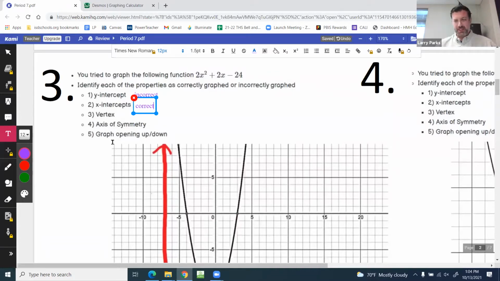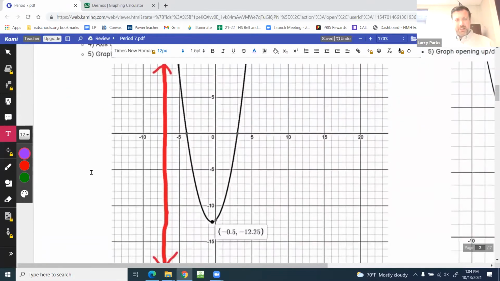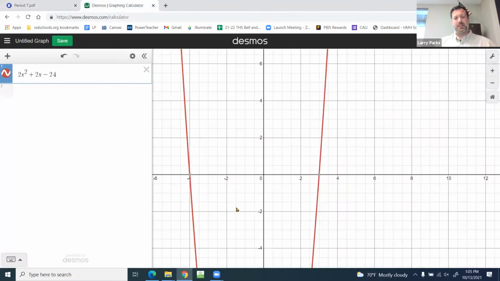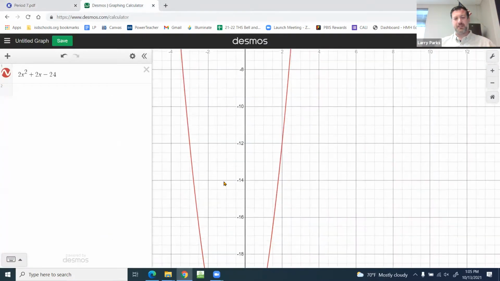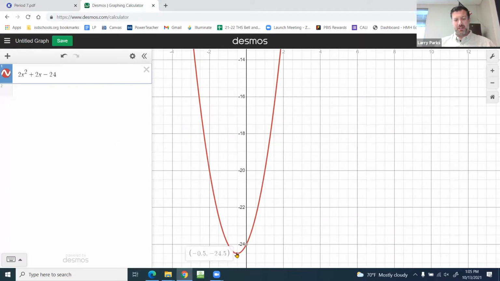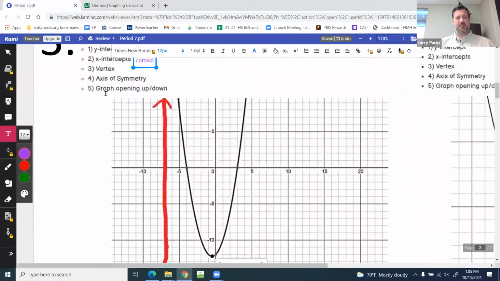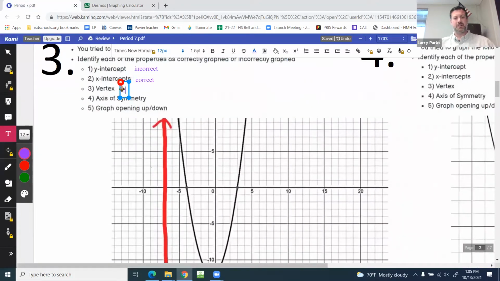The vertex here, negative 0.5, negative 12.25. Let's see what I got. It's supposed to be negative 0.5, negative 24.5, so that's incorrect. Whatever that word is, I don't even know. My fingers were in the wrong spot. Incorrect.